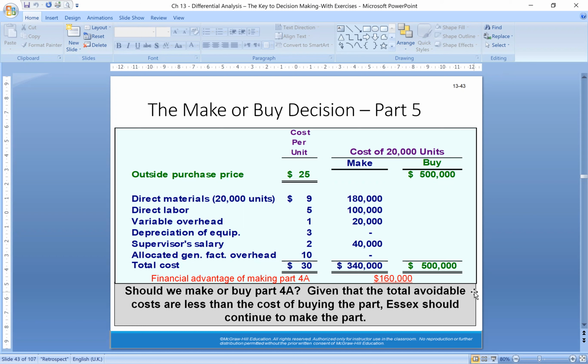Why? Because we do have a positive number, 160,000, as an advantage for the making, not the buying. So Essex should continue to make the part, and we have to analyze the make or buy in this way and not depend only on the price for our decision.